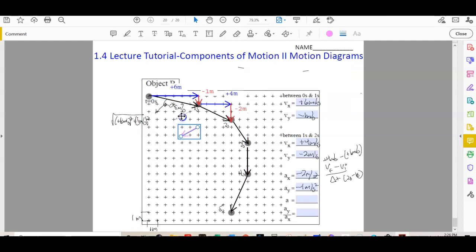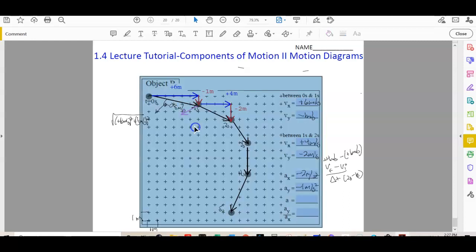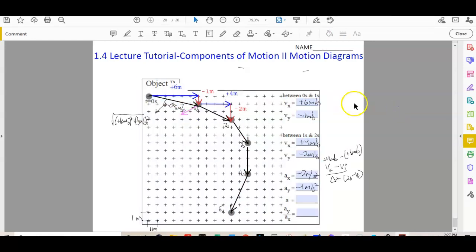So that means this acceleration vector has components of -2 meters per second squared in the x direction and -1 meter per second squared. So it's taking away -2 meters per second over 1 second at this block here. Okay.